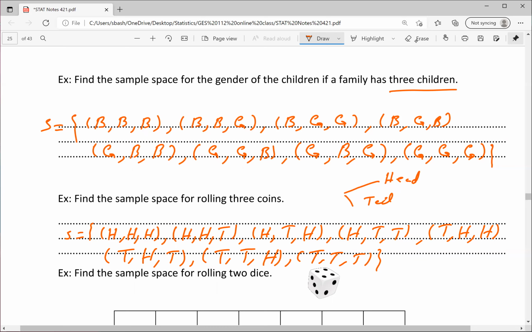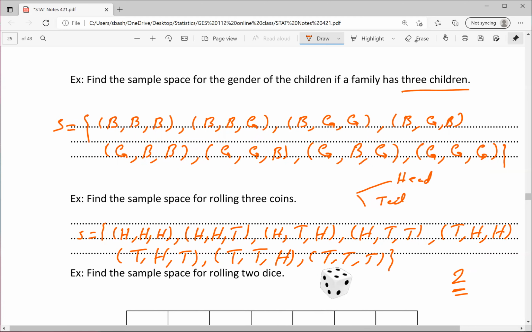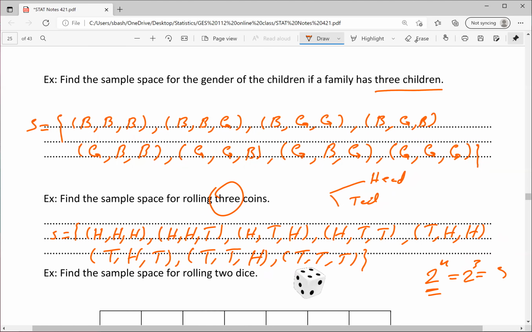The number of outcomes is usually 2 to the power n, where 2 is the number of outcomes of one experiment, since the coin has 2 faces, either head or tail, and n is the number of experiments. Because I have 3 coins, this is equal to 2 to the power 3, which is equal to 8, which means that the outcomes will be 8.